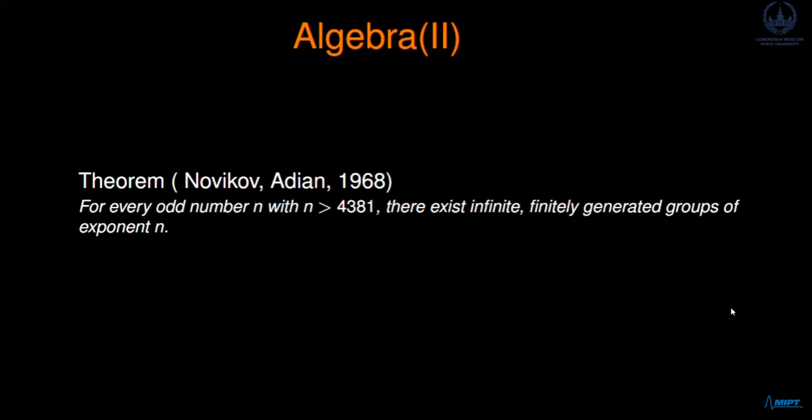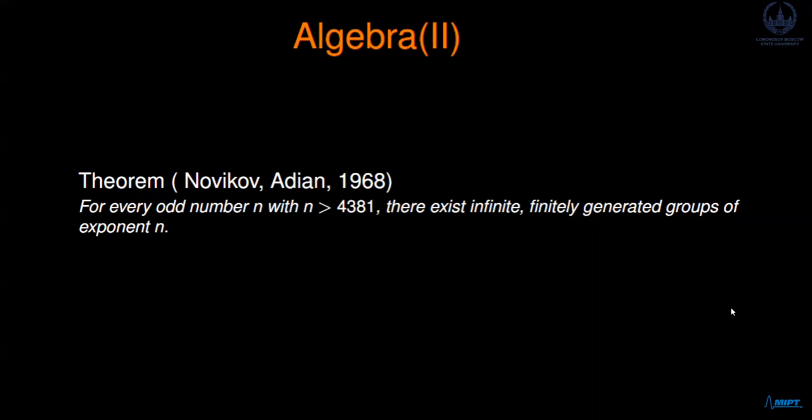Now let's explore an important result in algebra known as the Novikov-Adian theorem, which was proven in 1968. The theorem states that for every odd number n with n greater than 4,381, there exists an infinite finitely generated group of exponent n.